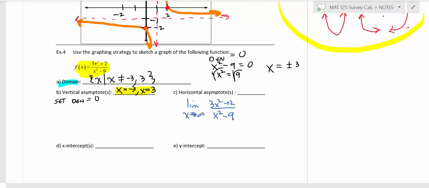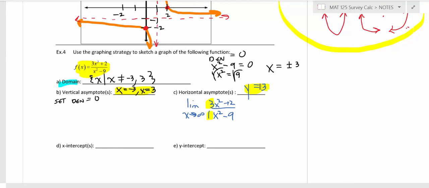It's 3, right. If the degree of the top and bottom are the same, the exponents are the same on top and bottom, then it's 3 over 1. So you can just apply that rule if you remember it, and I hope you remember it because that's the easy way to do that. So we would just say y is equal to 3 over 1, or y is equal to 3. So we do have a horizontal asymptote on the problem then.